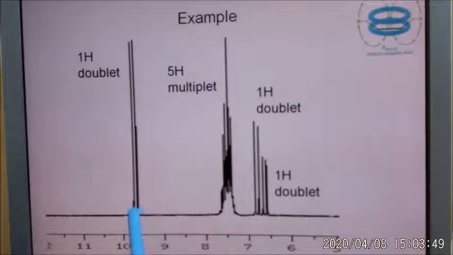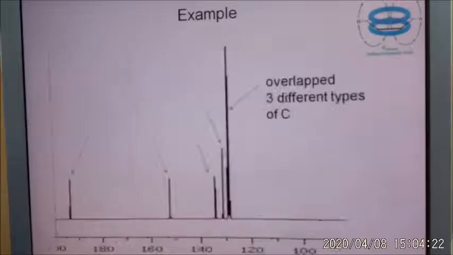Also, this hydrogen is next to this one, which gets split. These are very large coupling constants, look at that. So we're thinking more likely this is going to be a trans than a cis. Now if you look at this, look how pretty that is. This one is going to be trans to that one, and this one is splitting that one.